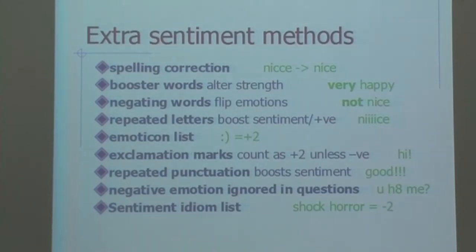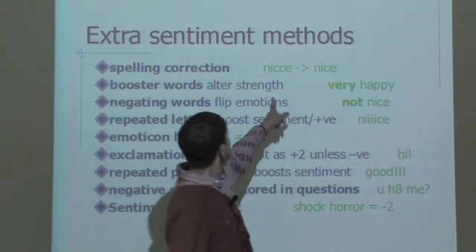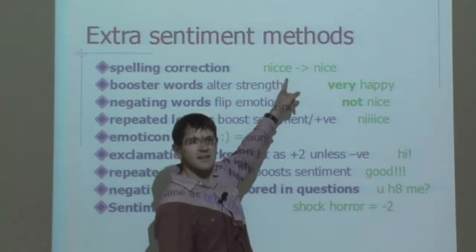And then we have repeated letters boost sentiment. So nice with lots of extra I's in would be the same as writing very nice. So it'd be +4 instead of +3. And the rule here is that there have to be at least 2 extra letters above what's required to spell the word. So if there's 1 extra letter, so this nice here, this doesn't get a sentiment boost.